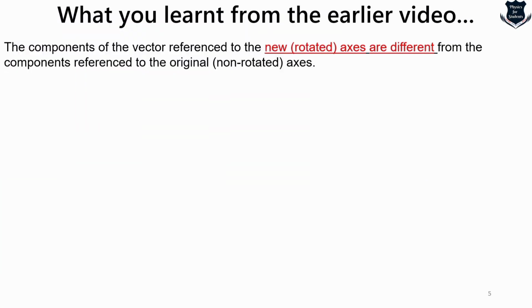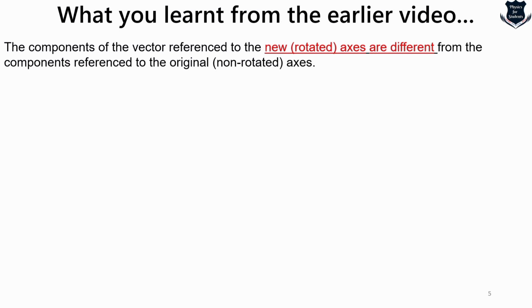So we move on to today's video and we start with something very important. In the previous section we looked at what happens to the components of a vector when the two-dimensional Cartesian axis is rotated, and the result is quite surprising. The components of the vector with reference to the new rotated axis are different from the components with reference to the original axis.